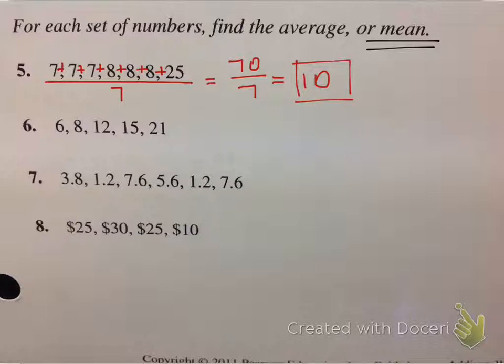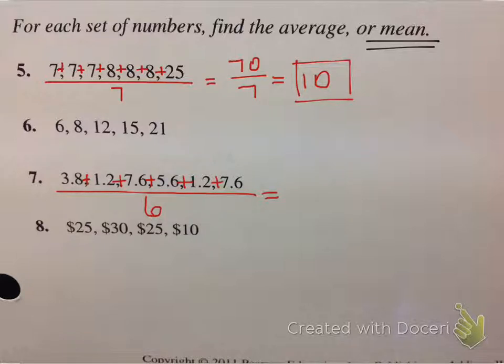You can do this with any type of numbers, whether it's decimals or fractions or even dollar amounts. So if we look at number 7, again, we're going to add all of our numbers together and divide by how many we have. Looks like I have 6 in this one.